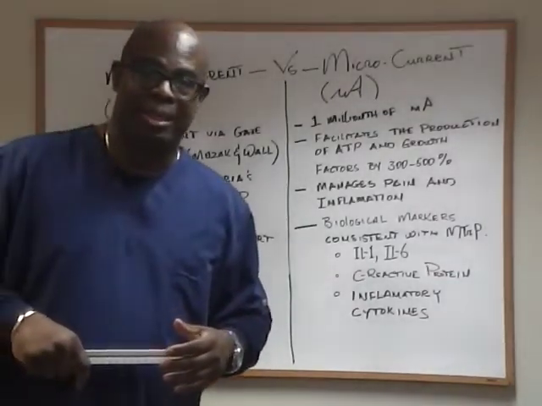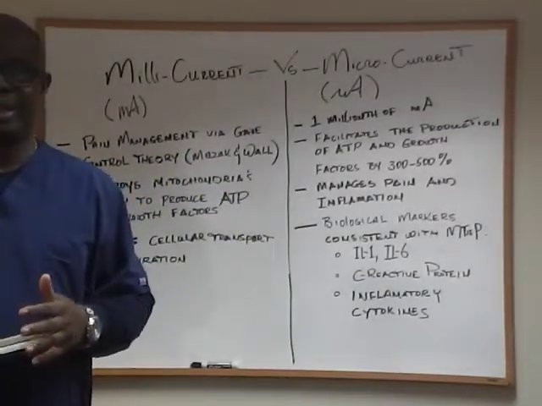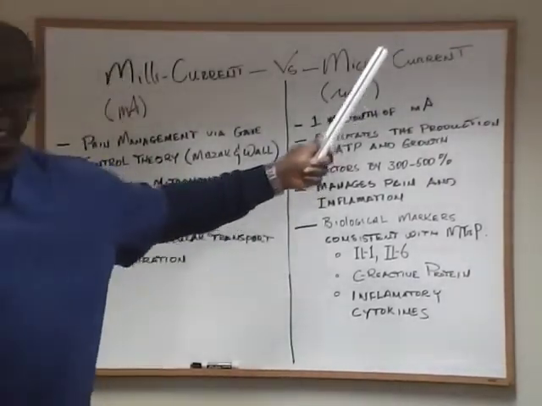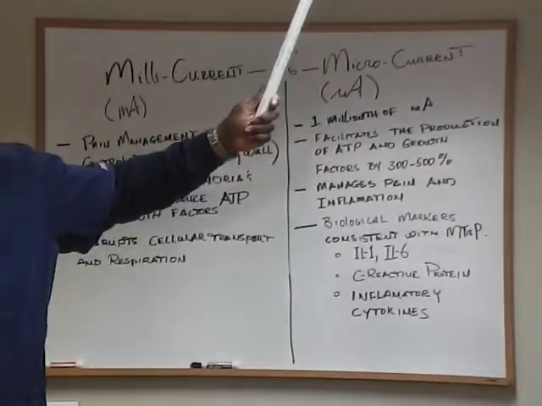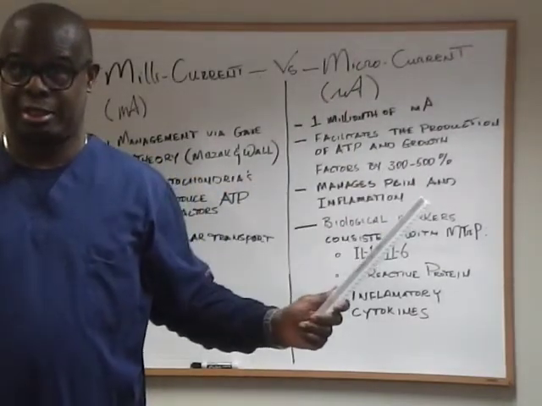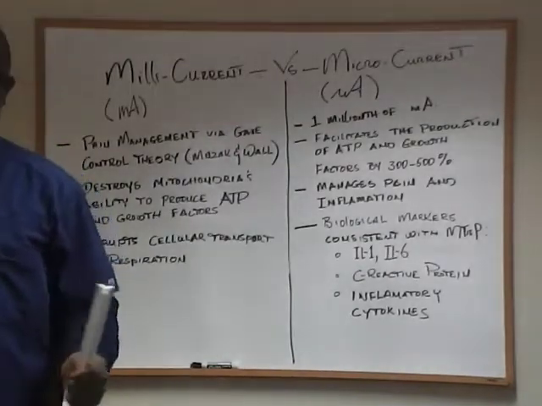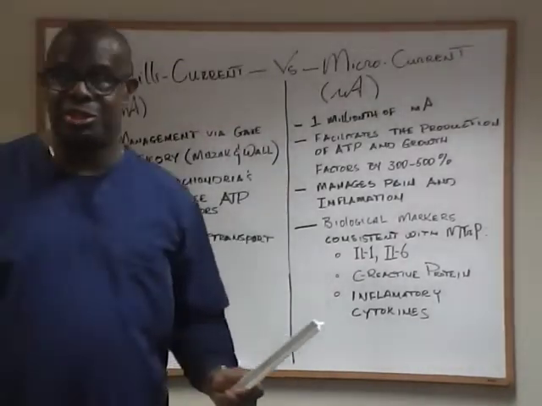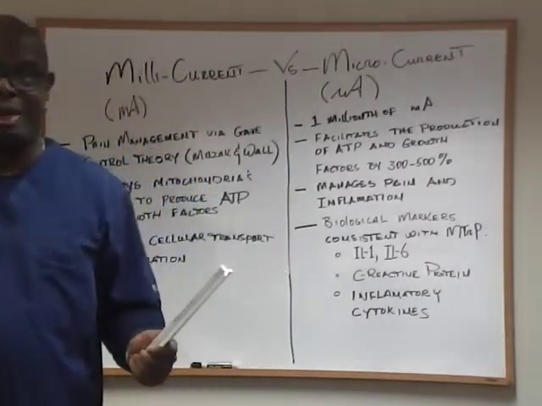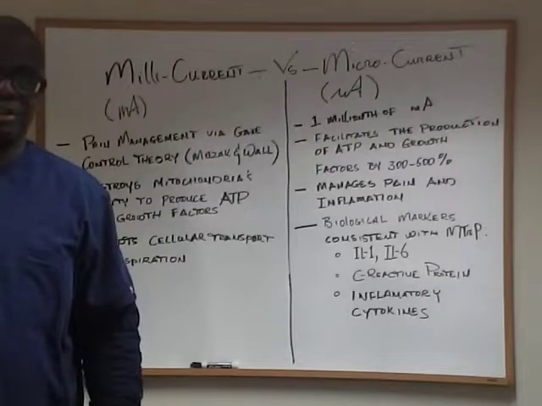All right? Also, what the research has shown is that any therapeutic effect derived from microcurrent, okay, diminishes after 500 hertz. So typically, whatever frequencies you're using should be somewhere between 0.05 and I would say 500.